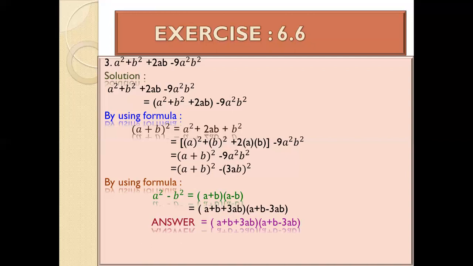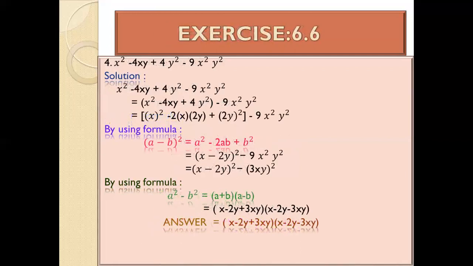Now a is a + b and b is 3ab. Put in the formula (a + b)(a − b): (a + b + 3ab) and (a + b − 3ab). So this is our required answer.